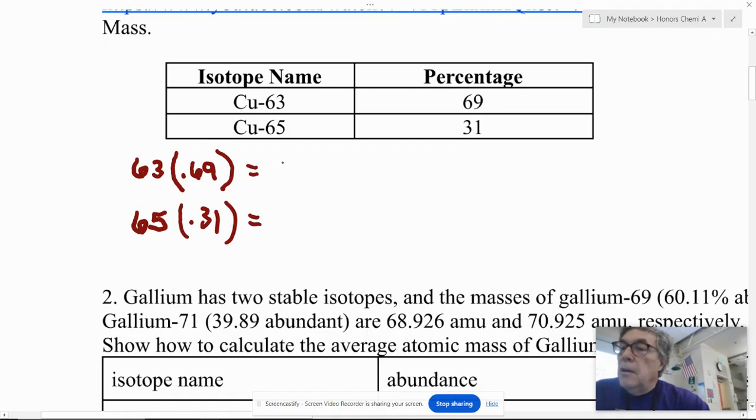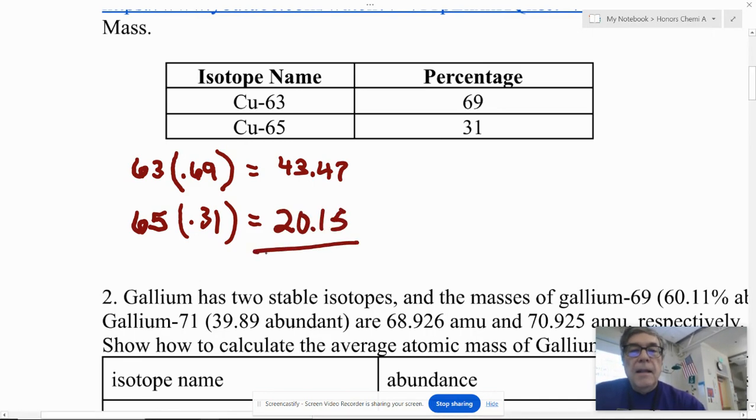I'm going to do 43.47. And I'm going to do 65 times 0.31, 20.15, and then we need to add these together.